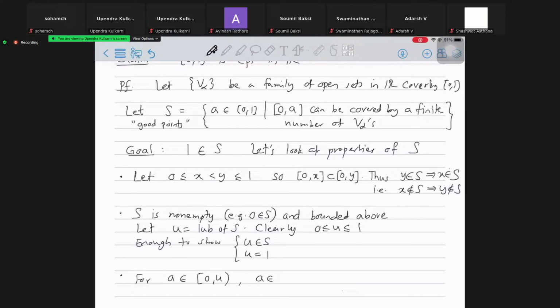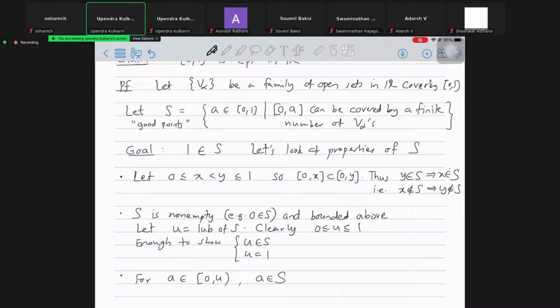Because there is a supremum. Let's say this A is in S. Yes. Why is that? Because U was the supremum, and there's something between U and A that is also in S because of the definition of the supremum, and because that number is there, A must also be there.